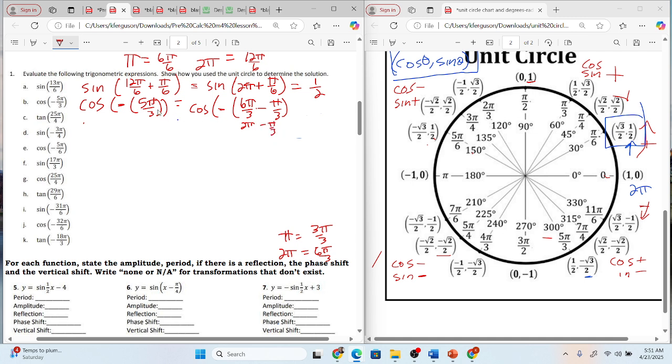That is going to give me my 5 pi over 3. See, 6 pi minus 1 pi is 5 pi. So I'm going to have cosine of negative 2 pi minus pi over 3.